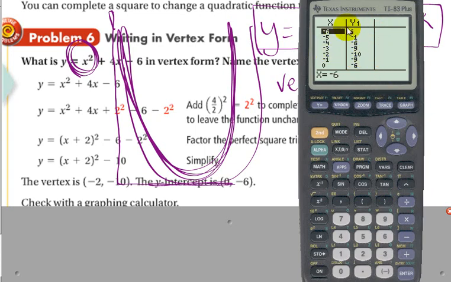You're looking for where the values go down, stop, and start going back up. And when you see I've got 6, -1, -6, -9, -10, and then it goes back up, -9, -6. So that lowest point right there proves that -10 is the y value of our vertex. And if you go across, what's the x value when y is -10? It's -2. So that's another way to check your work.